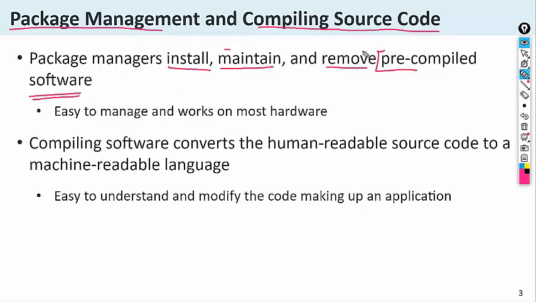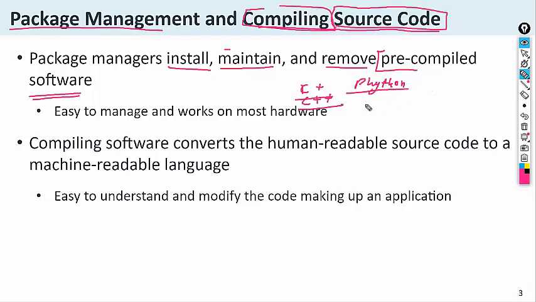So what is compiling the source code, or what is the source code? For example, you have written an application in the C programming language, C++, or Python. There is some basic programming used to create any software.